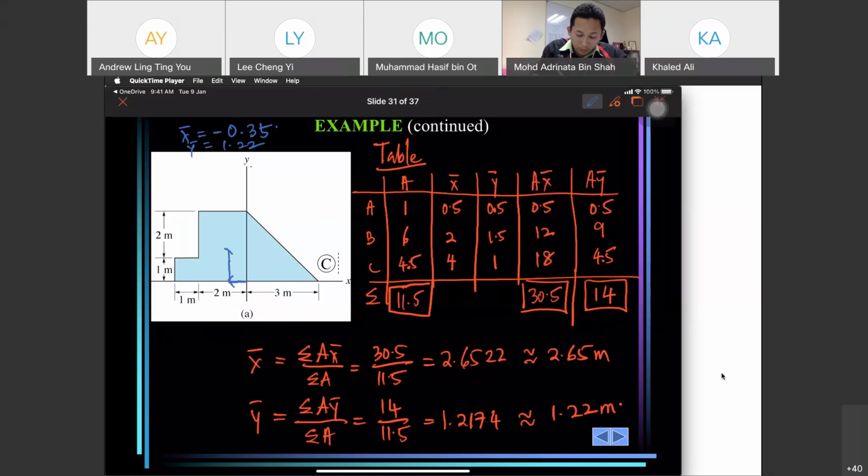So this is our centroid. If we move the y here, we have x equals to 2.65, so 1, 2, 2.65. So this is 2.65 and this is 0.35. Okay, and the y bar is the same, 1.22. It should be the same centroid.